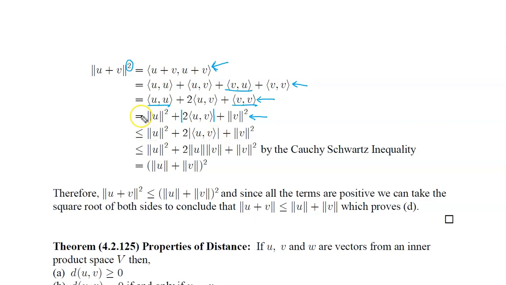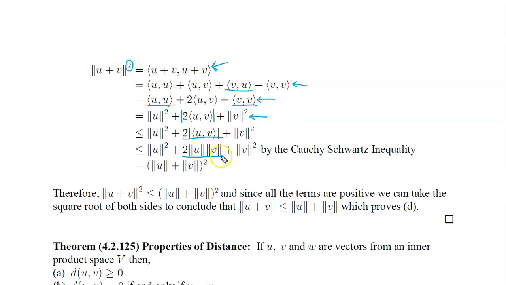And we lose equality, so we have to put less than or equal to here because this could have been a negative number and we made it positive. So we then would have an inequality going in this direction. And this right here by the Cauchy-Schwarz inequality is less than or equal to 2 times magnitude u, magnitude v.